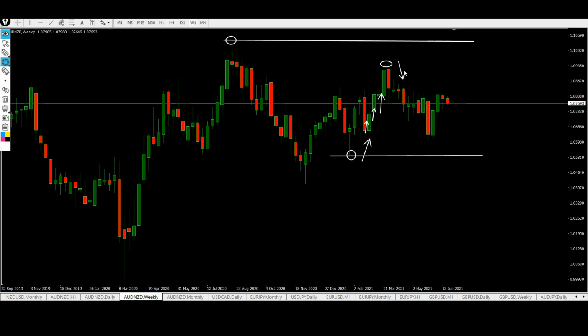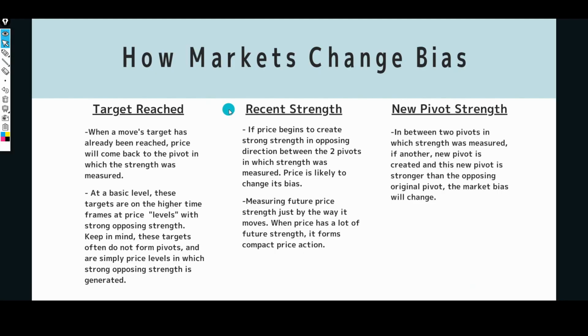So at this point, when that target is reached, we must change our bias from long to short, at least down to this pivot low right here. And moreover, it also states that price is likely to reach this pivot low right here before reaching this pivot high right here. All right, so let's go on to another way in which markets change its bias.